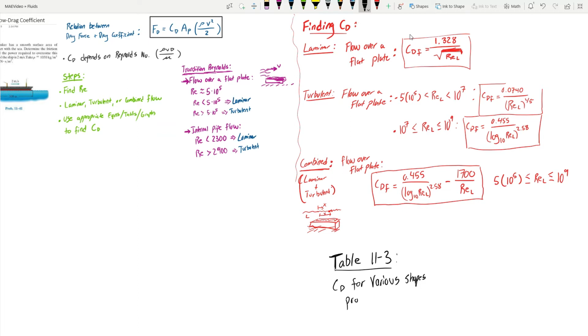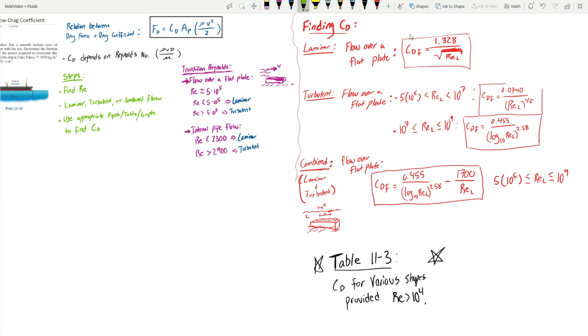And the only thing that we have to keep in mind for this is that to use table 11-3, your Reynolds number has to be greater than 10 to the 4th. So I recommend giving a look at this table.